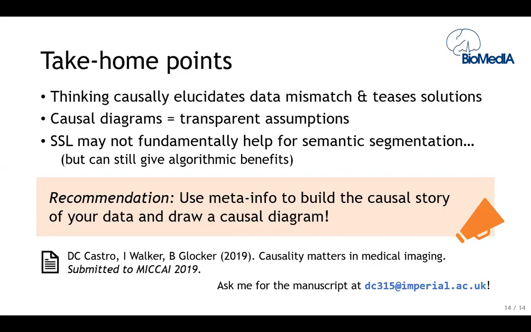The recommendation we like to make here is to think about the causal story of the data. Don't look just at images and labels. Think about where this data comes from, and why it came to be like this. This can help us better understand what problems our models may face.